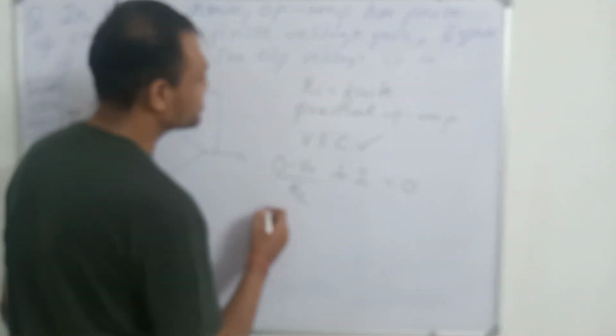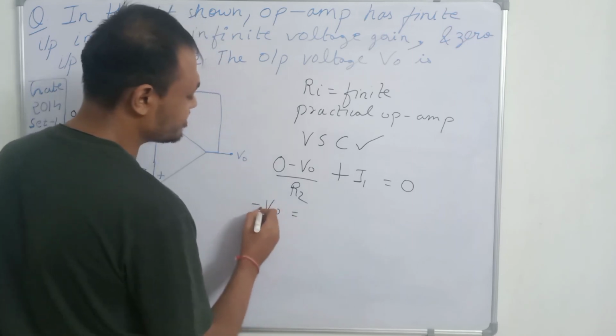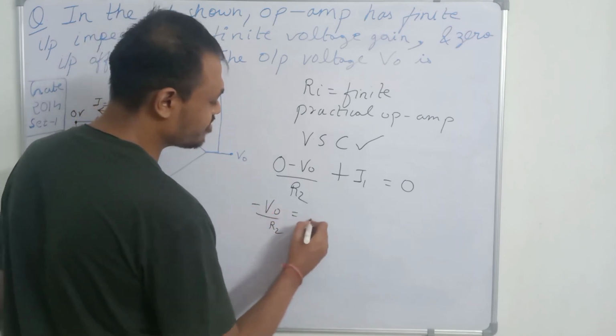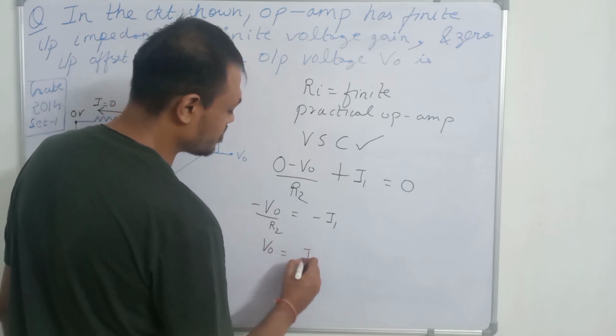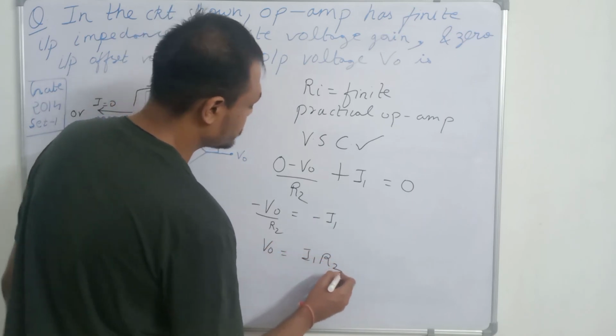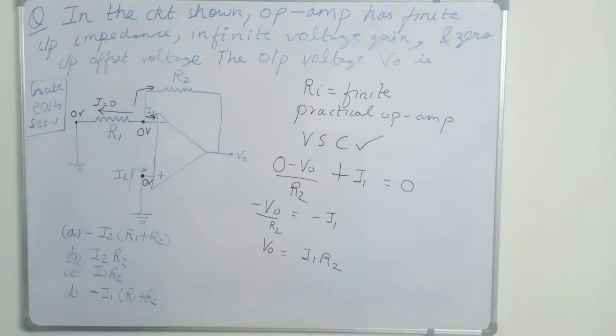So minus V0 upon R2 will be equal to minus I1, so V0 will be equal to I1 into R2. So the output voltage is equal to I1 into R2. So the correct option is option C.